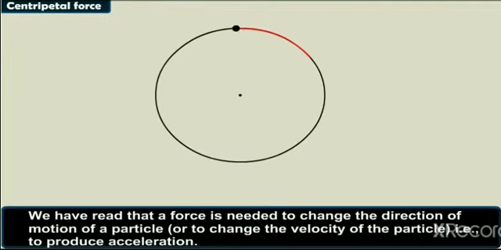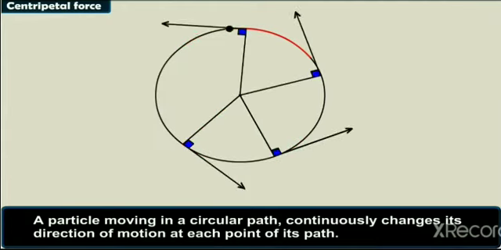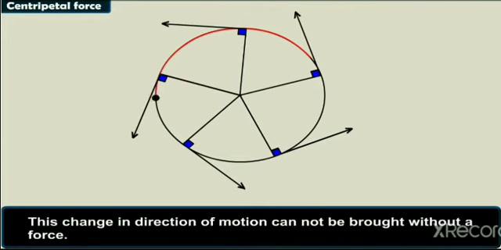Centripetal and centrifugal force. Centripetal force. We have read that a force is needed to change the direction of motion of a particle or to change the velocity of the particle, that is, to produce acceleration. A particle moving in a circular path continuously changes its direction of motion at each point of its path. This change in direction of motion cannot be brought about without a force.